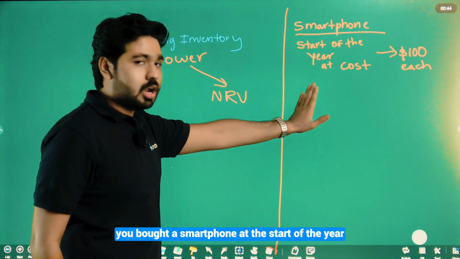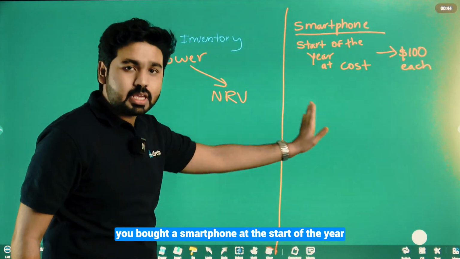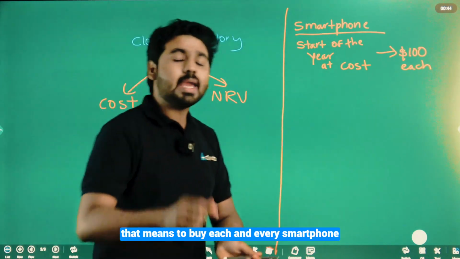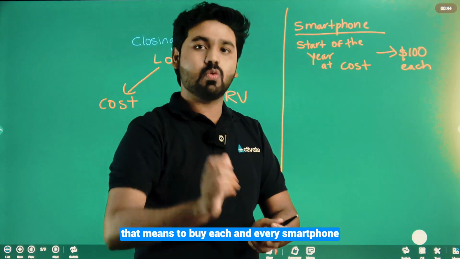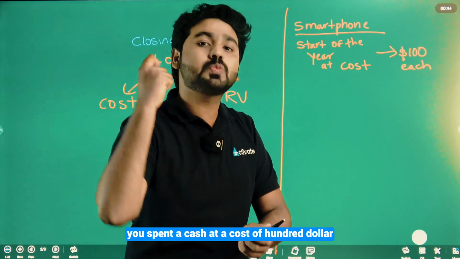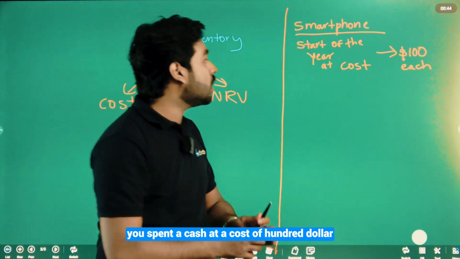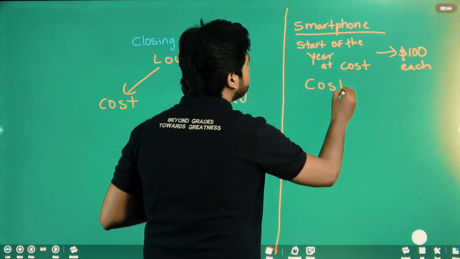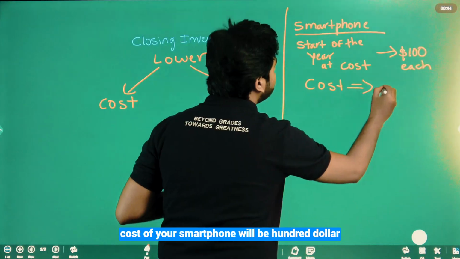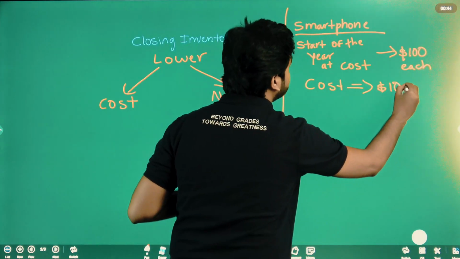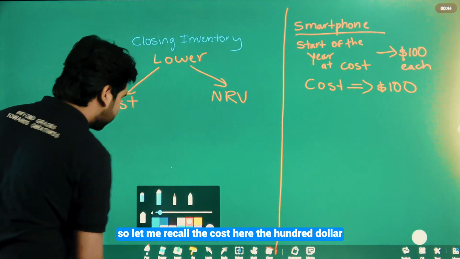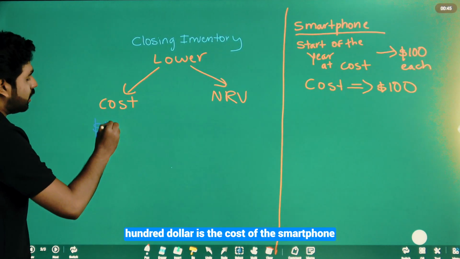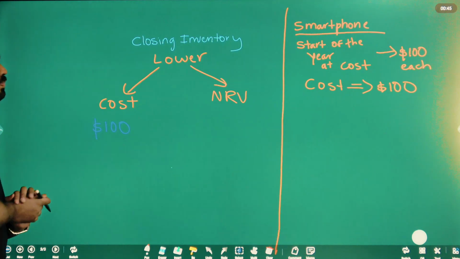That means to buy each and every smartphone, you spend cash at a cost of $100. So what is the cost of your smartphone? Cost of your smartphone will be $100. So let me record the cost here, $100 is the cost of the smartphone.